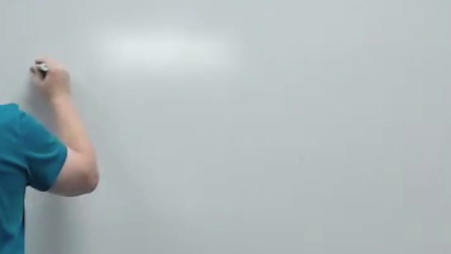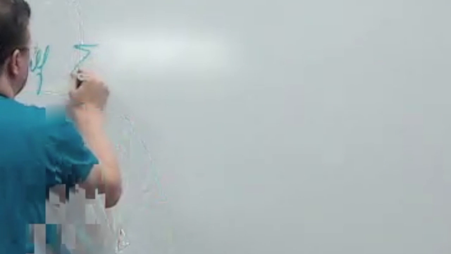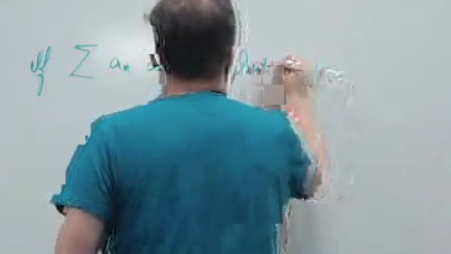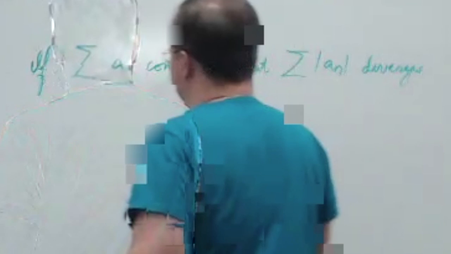So definition, right? Let me write it like this. If the series AN converges, but the series of absolute value AN diverges, right?